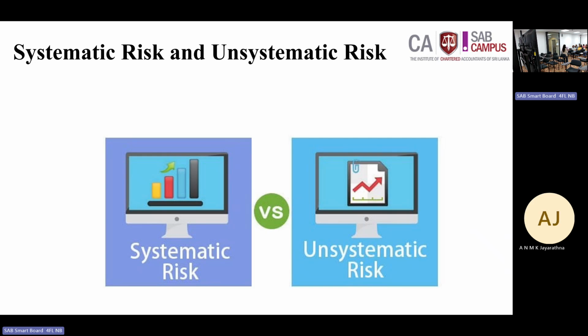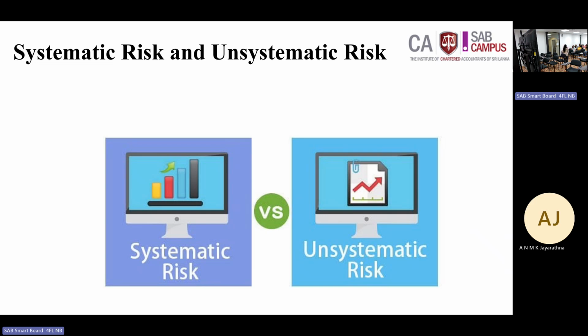Even though I have invested in three different places, inflation comes the same to these industries. Unemployment is the same. Therefore, even if we increase the number of stocks in our portfolio, we can't diversify this risk. So we call this a non-diversifiable risk for portfolios.